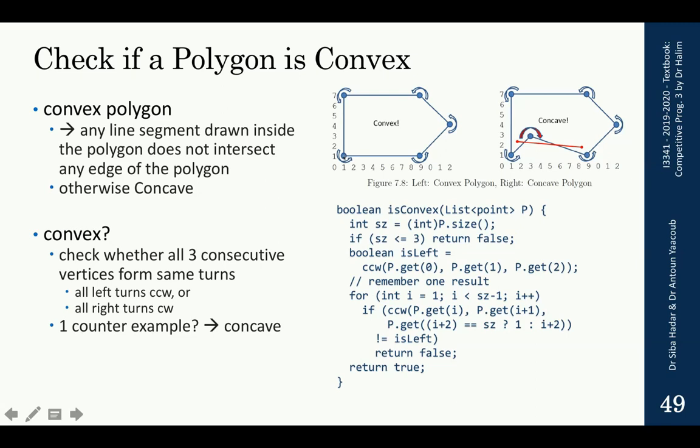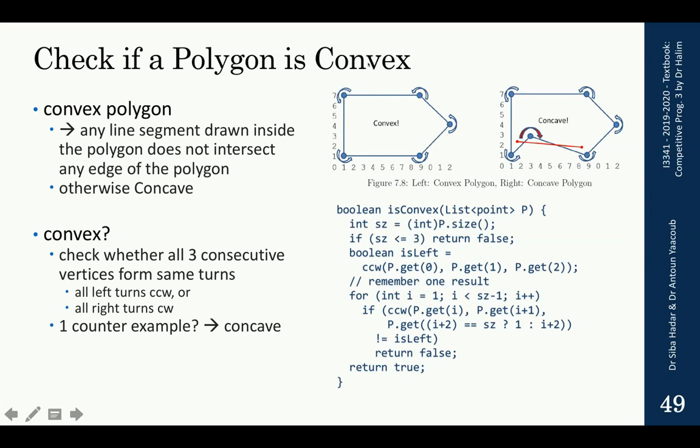I take, for example, point 0, point 1, point 2. I see that to go from 0 to 1 to 2, I am going counterclockwise. I take point 1, point 2, point 3. To go from 1 to 2 to 3, I am also going counterclockwise, just like the previous set of 3 points. I take point 2, 3, and 4.